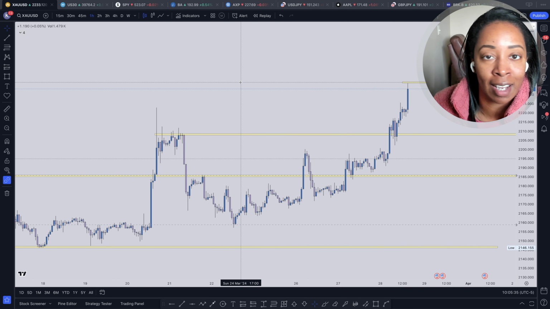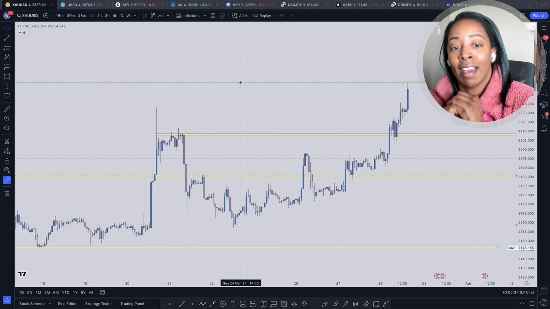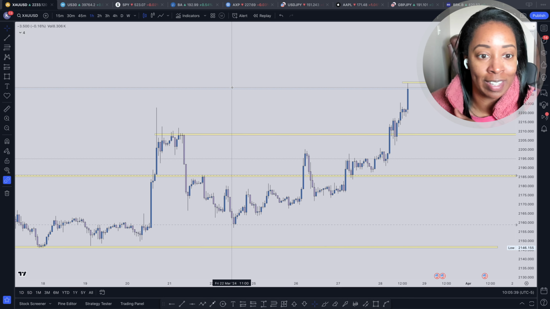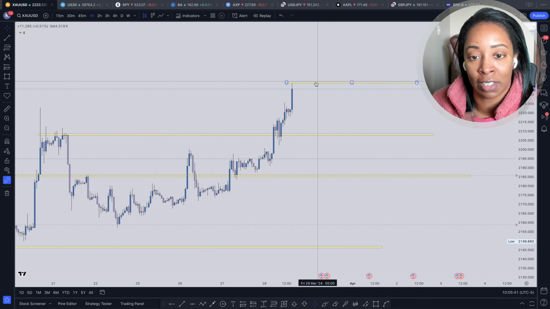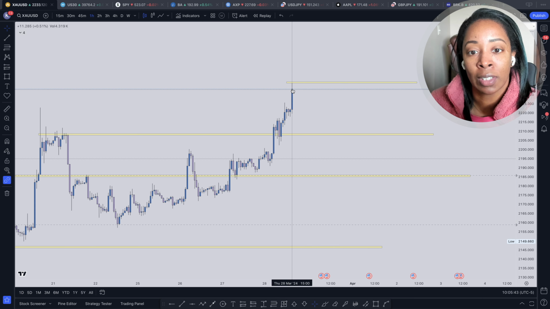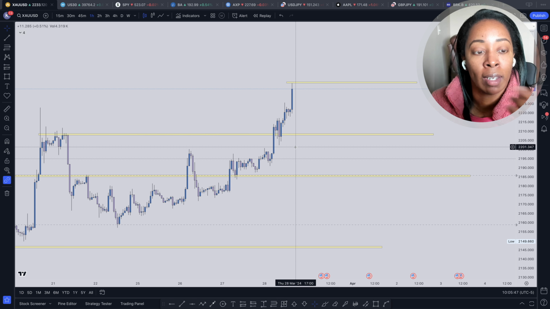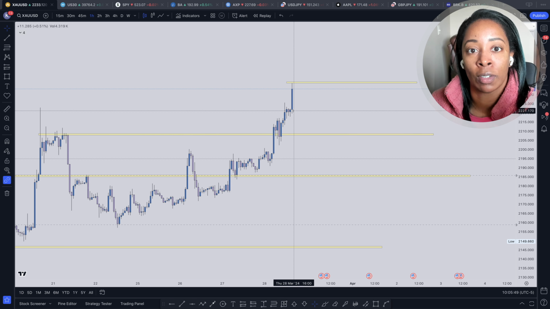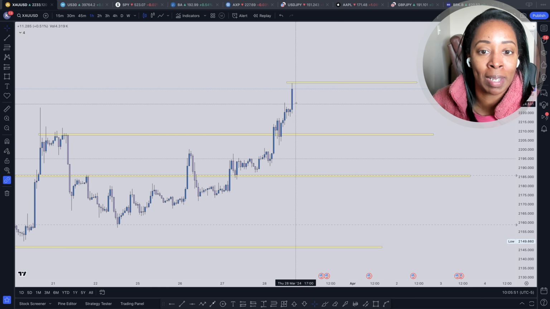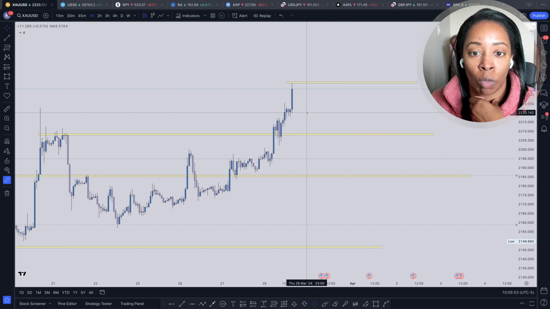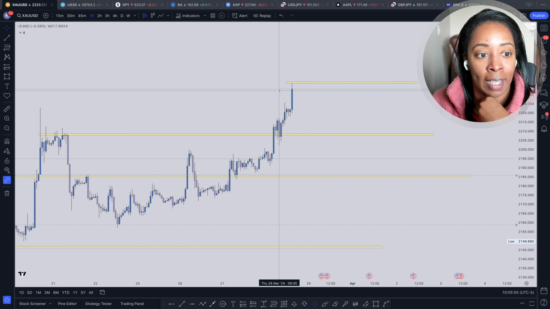This is the highest high that it has made in the market. There's nothing to the left. There's obviously nothing to the right because the market is closed. So I just like to draw that just because it's the highest point. And as the market opens and more data is printed, then I'll be able to adjust this level. But for right now, I really like to mark that off.